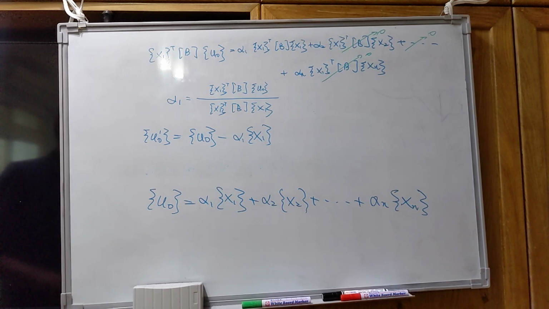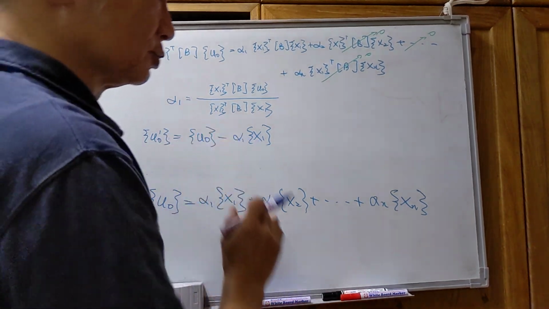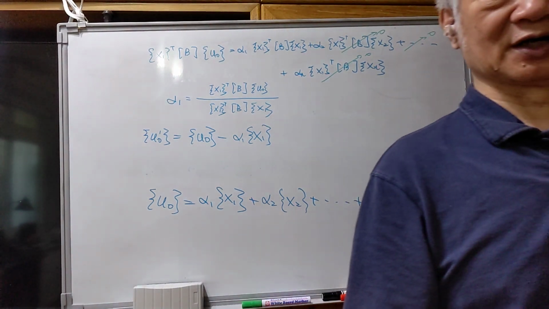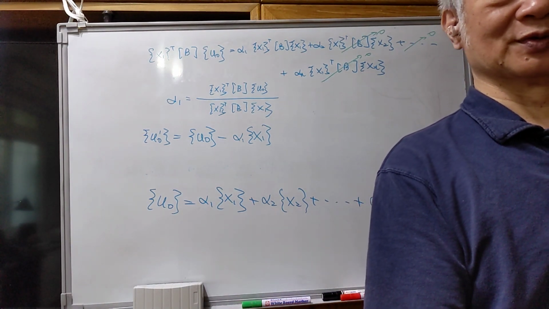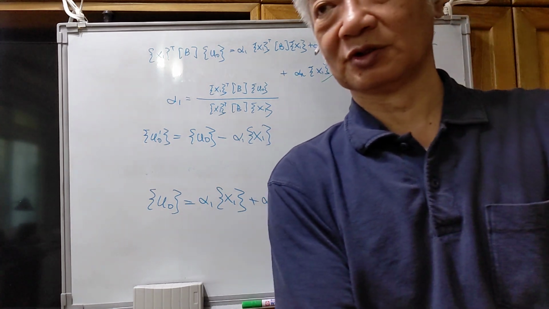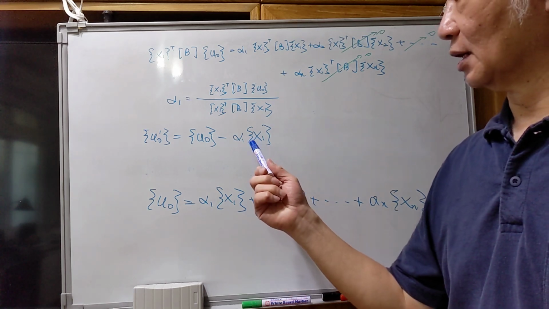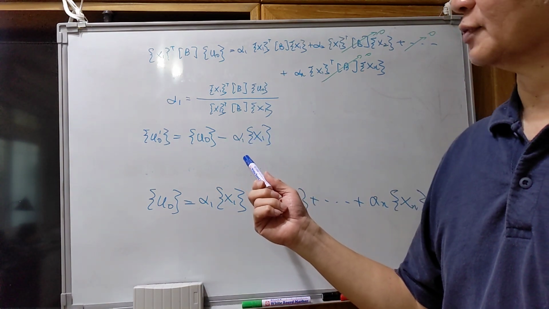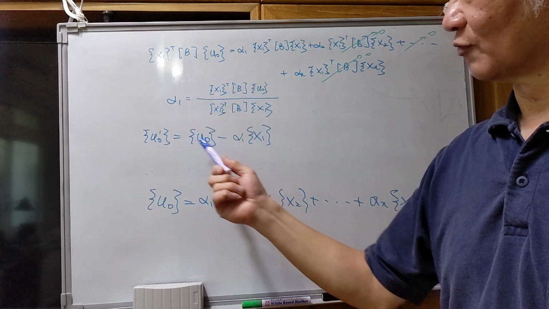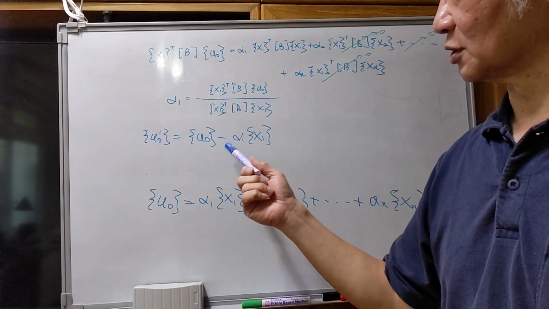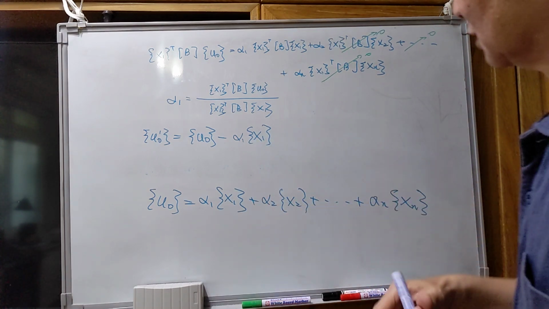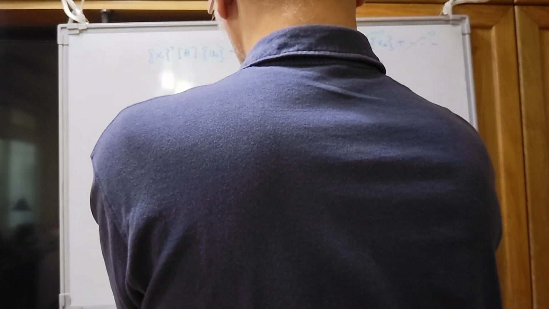The u0 vector is the initial vector; the program user can assign an arbitrary vector to u0. And we know x1, so we can calculate alpha 1. So if we calculate u0 minus alpha 1 x1, then we will get a vector like this one.